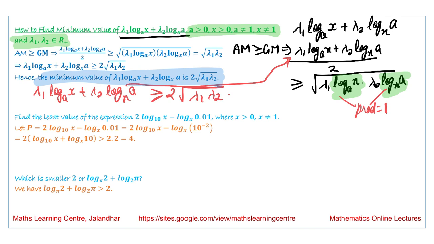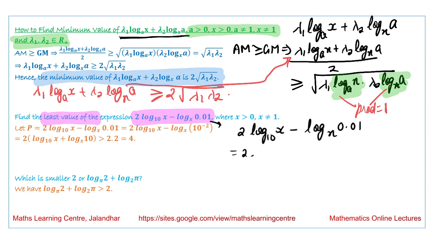Based upon this, the question is given here: we have this expression and we have to find the least value of this expression. It is 2 log x to the base 10 minus log 0.01 to the base x. So we can write this as 2 log x to the base 10, and the next term is 10 raised to the power minus 2.